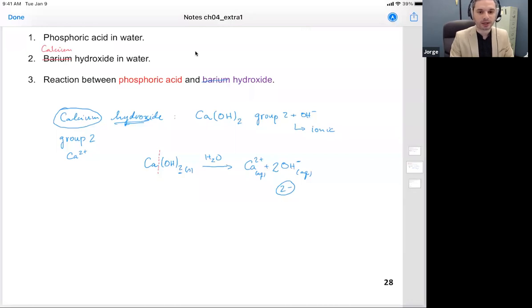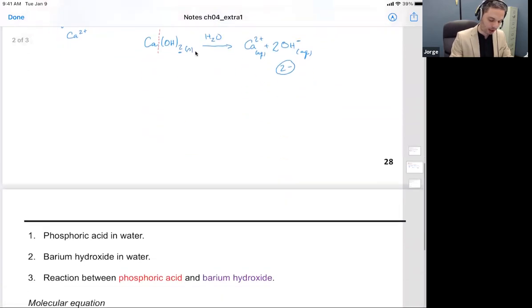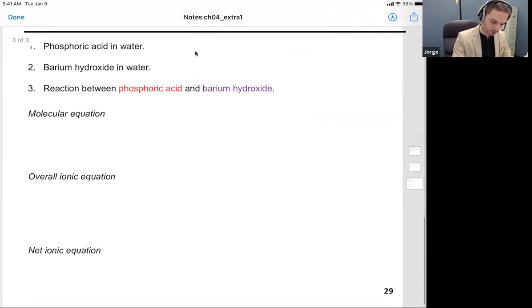All right. Now that we know what happens with sulfuric acid in water and calcium hydroxide in water, the next step is to write the reaction between them. So, the reaction between sulfuric acid in water and calcium hydroxide in water.